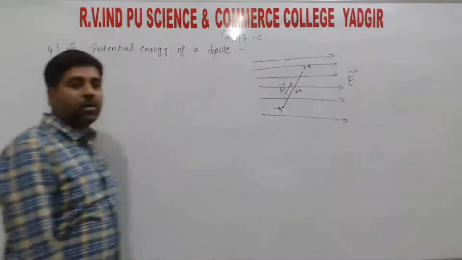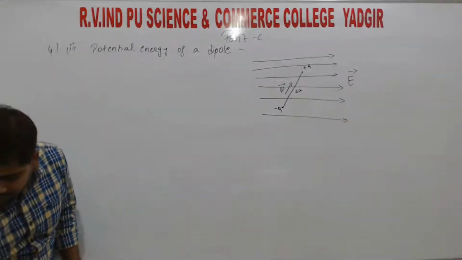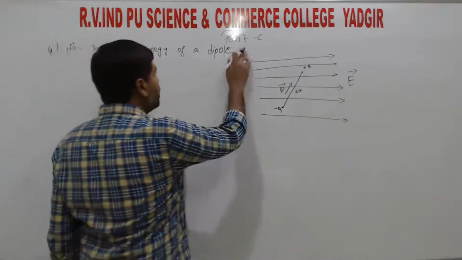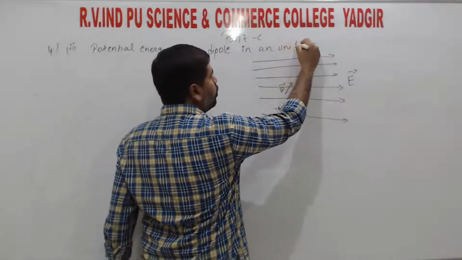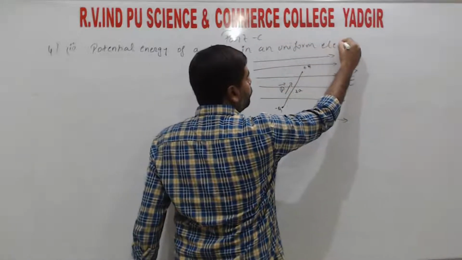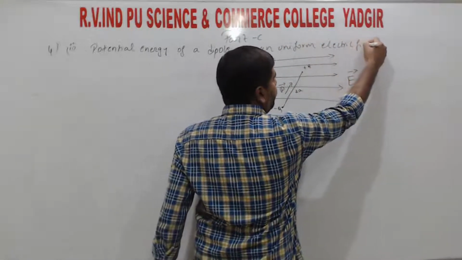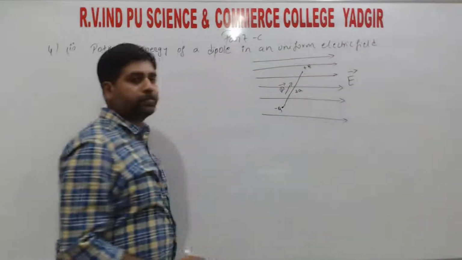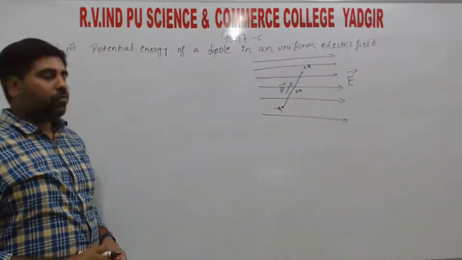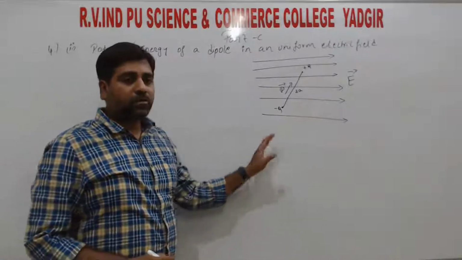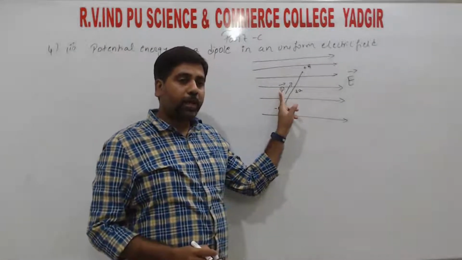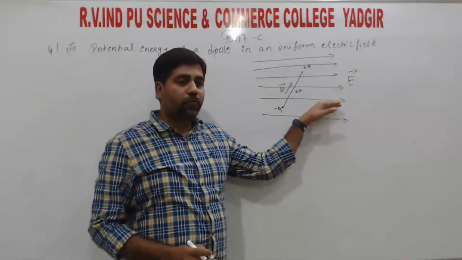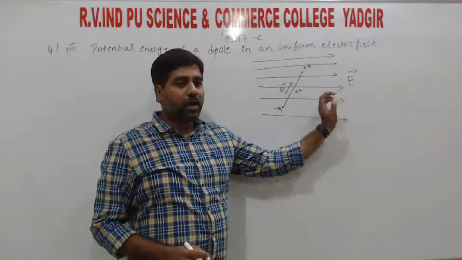So E is the electric field, right? So dipole in a uniform electric field, right? So first we need to write the explanation. So for that, consider a dipole having a dipole moment P, which is placed in a uniform electric field E, right?